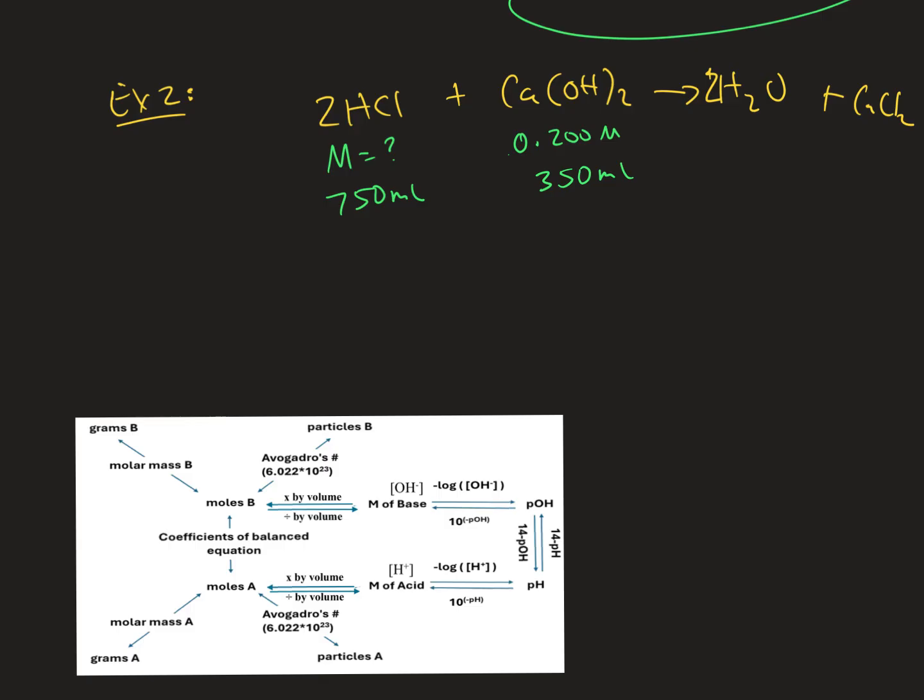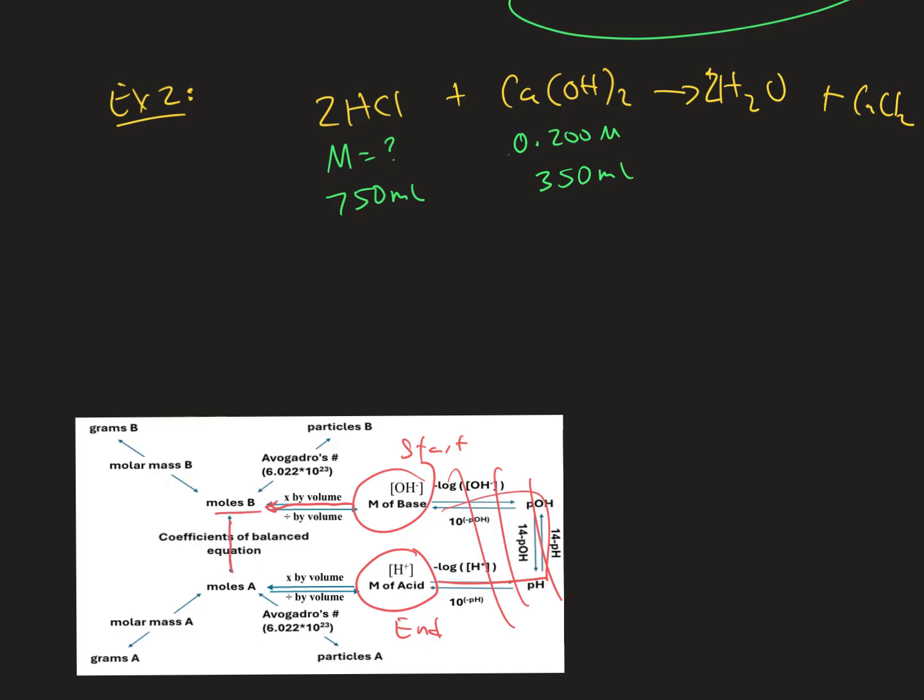Okay, where are we starting this time? We're starting with our base again, so this is our starting point. Where are we ending? Oh, right here. This is where we end. We can't go this way yet because we don't have that stuff yet, right? So we got to go this way. We're going to take the concentration of our known base solution and multiply it by the volume, and we're going to get moles of our base.